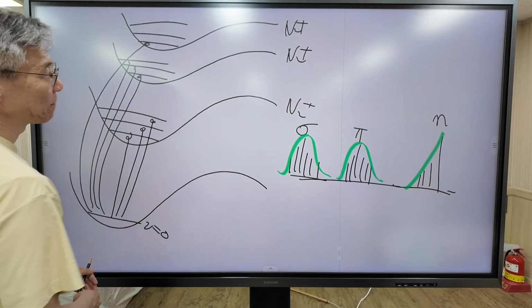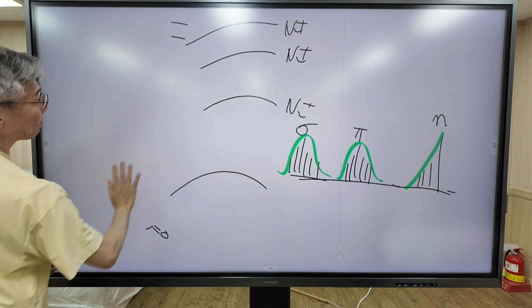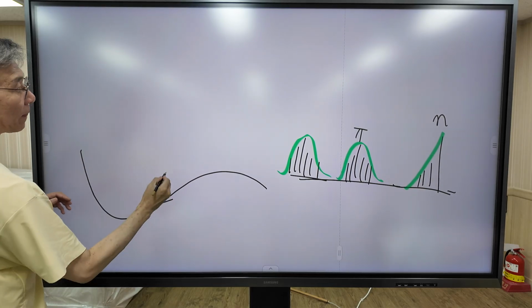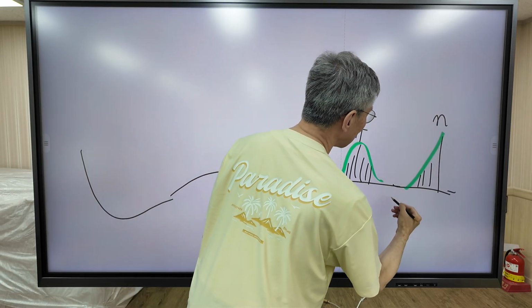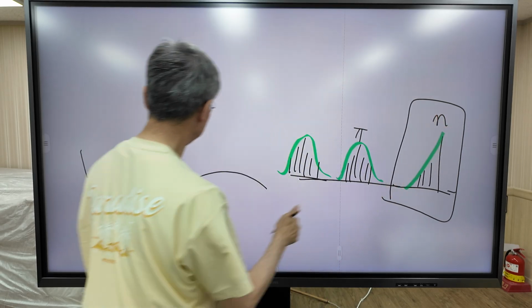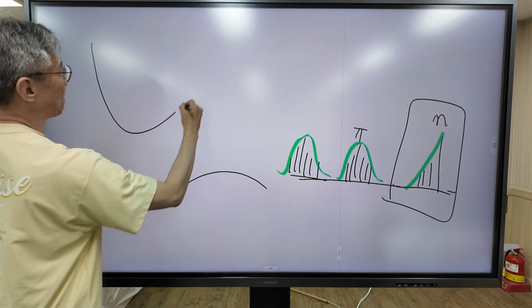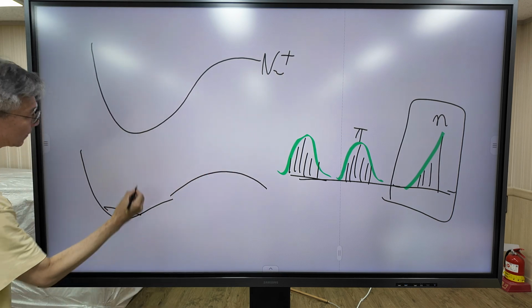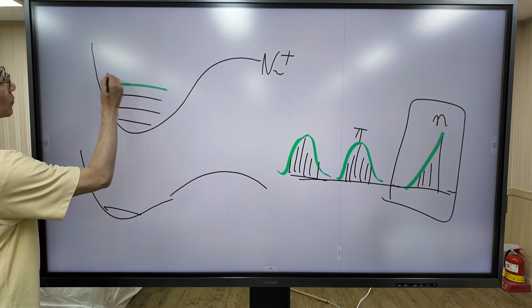Now, I'm going to take a closer look at this photoelectron spectrum. This is the vibrational energy level.